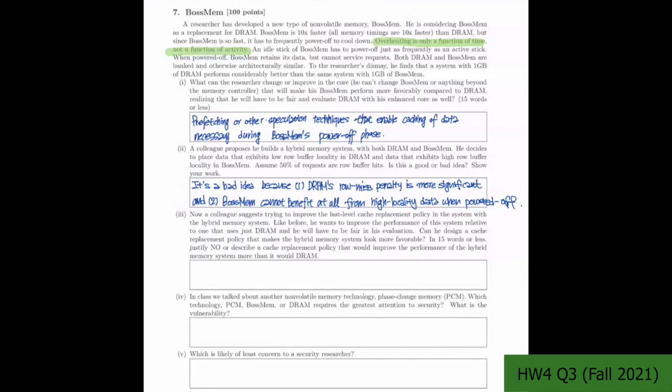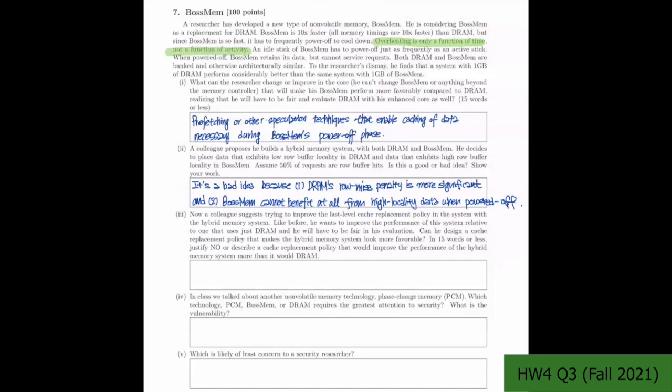So how can you do that in cache with the cache replacement policy? One possible solution is to prevent addition of data which is allocated to BossMem while the BossMem is powered off.